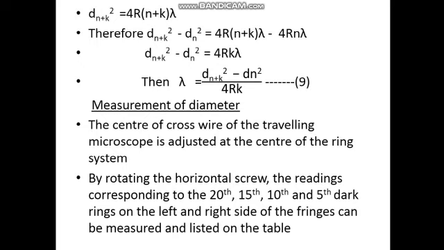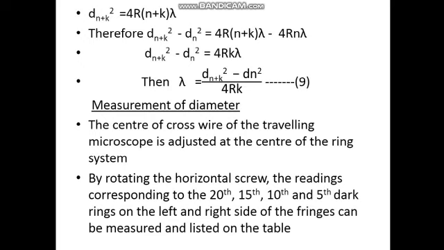Therefore dn plus k square minus dn square is equal to 4Rk lambda, from which lambda is equal to (dn plus k square minus dn square) divided by 4Rk. In order to calculate the wavelength of the monochromatic source of light, we have to calculate the value of dn plus k square minus dn square and R, the radius of curvature of the lens.